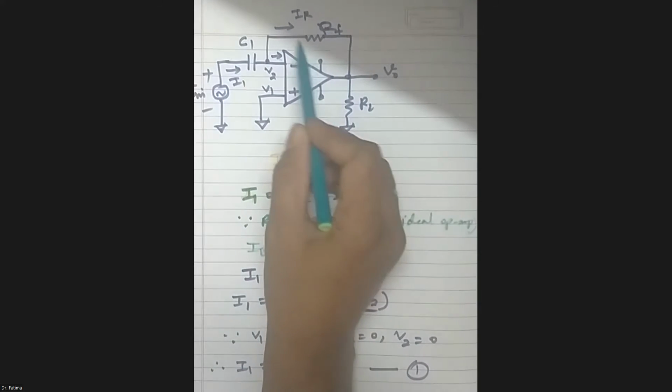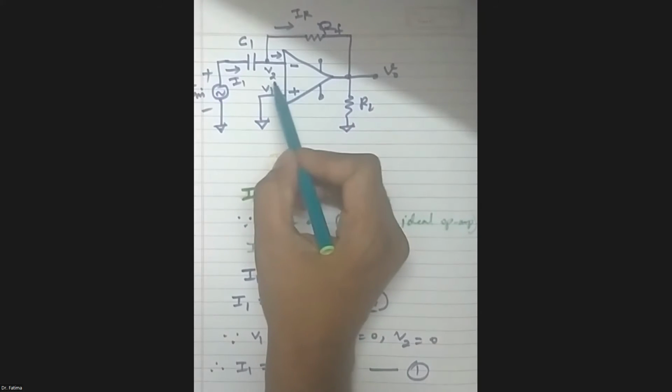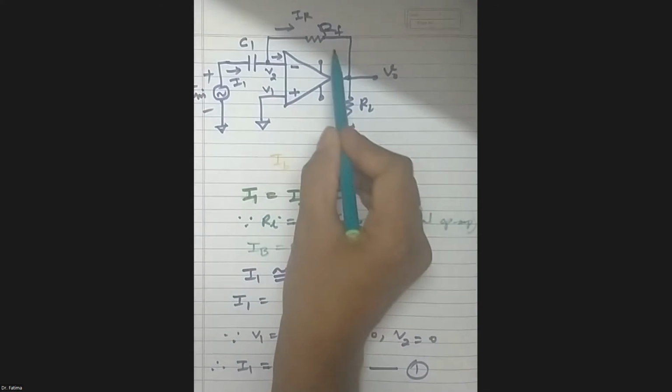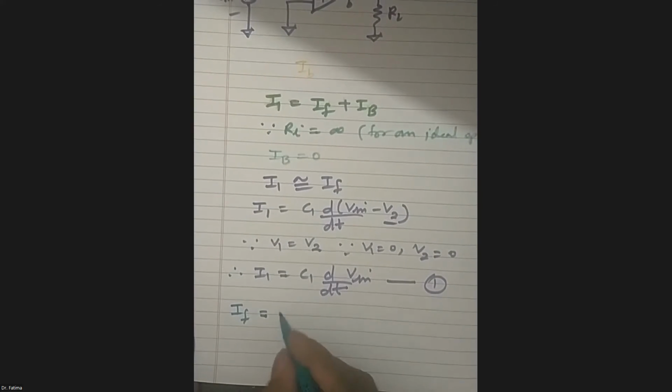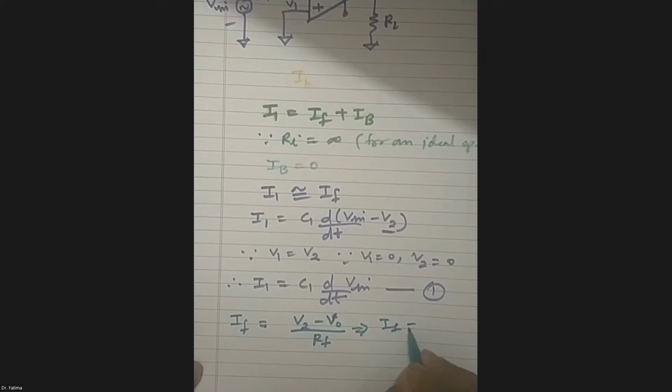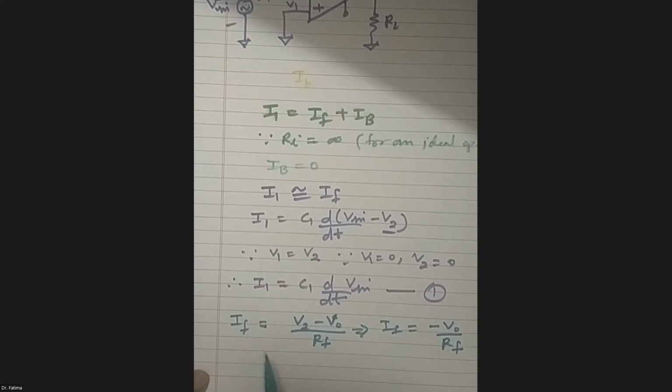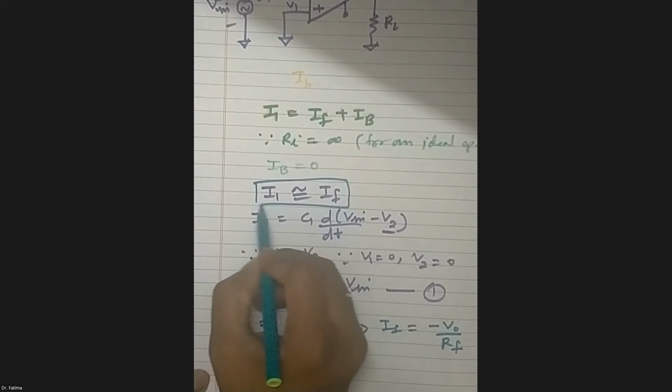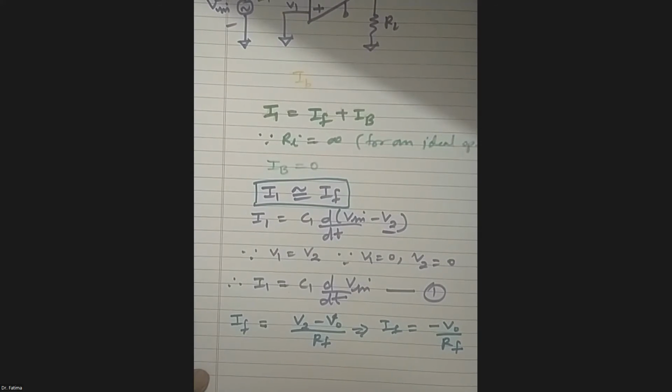So the current flowing through this resistance is IF equal to V2 minus V0 upon RF. Now we know that V2 equals 0, therefore IF is equal to minus V0 upon RF. Now we know that I1 is equal to IF, so put the values of I1 and IF in this equation.